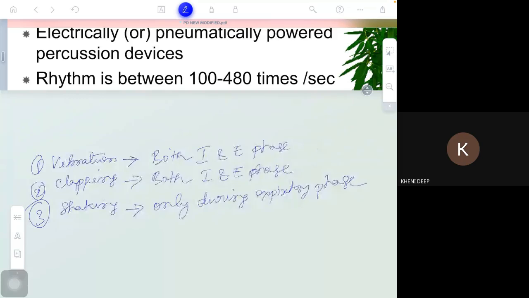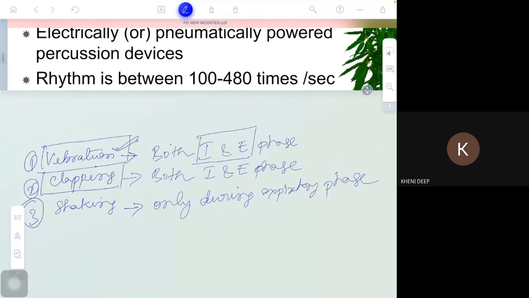Listen carefully. Vibration is the manipulation which can be performed throughout breathing. That is, throughout breathing means both in inspiration phase and expiration phase, you can perform this manipulation. Clapping also you can perform throughout the breathing phase. Clear?